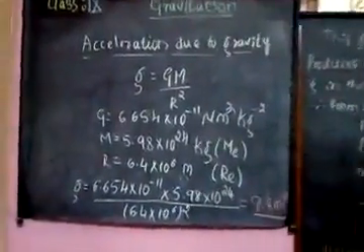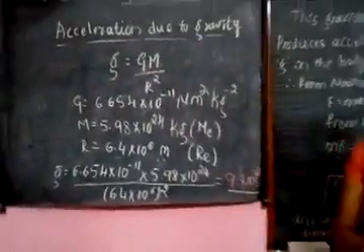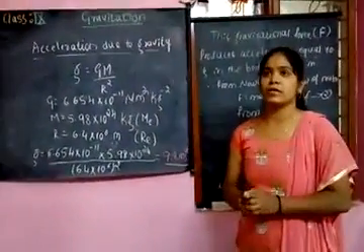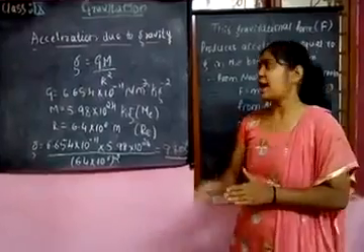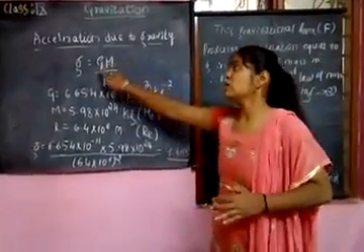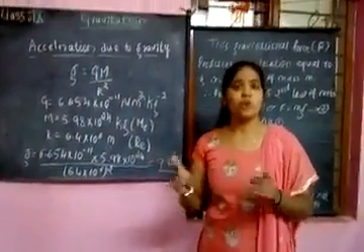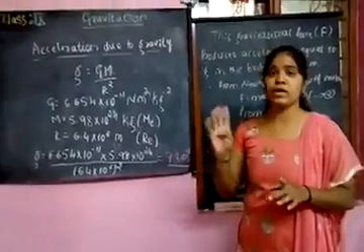You have to calculate the acceleration due to gravity of the moon. How will you do it? By writing the mass of the moon and radius of the moon in this equation. The value of the gravitational constant will not change in the whole universe. It will be a constant.